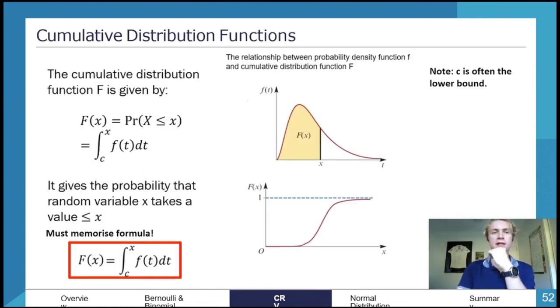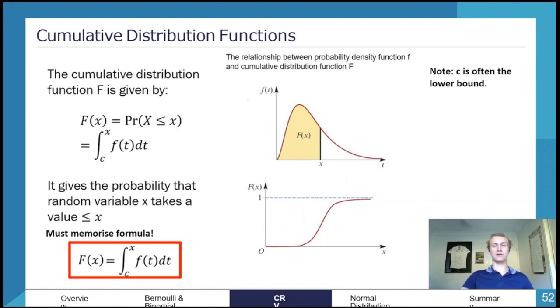Okay, cumulative distribution function. So we're almost at the end now. We are getting there. Cumulative density functions are the application of probability density functions. It's like the probability that a random variable X is less than x, different x's. Sorry, I've written that wrong. But yeah, so a cumulative density function, F of x, is the probability that capital X is less than or equal to x. And it equals the integral between the lower bound, c, and x.